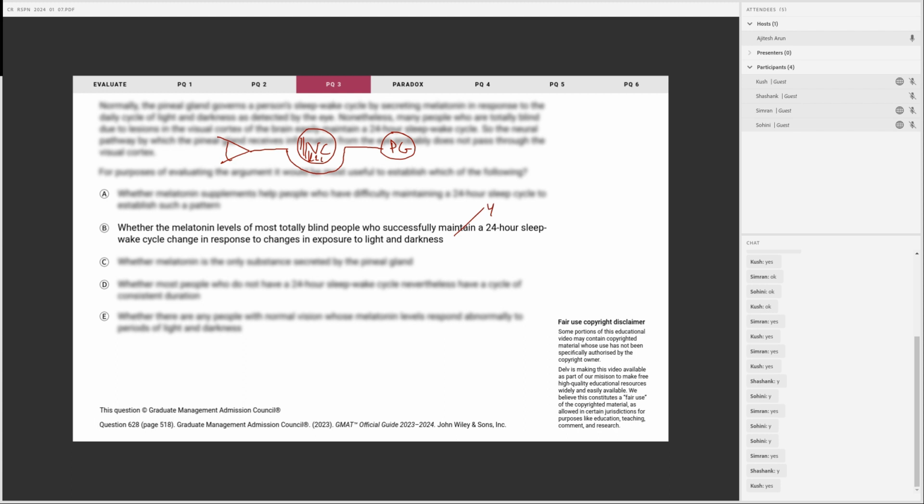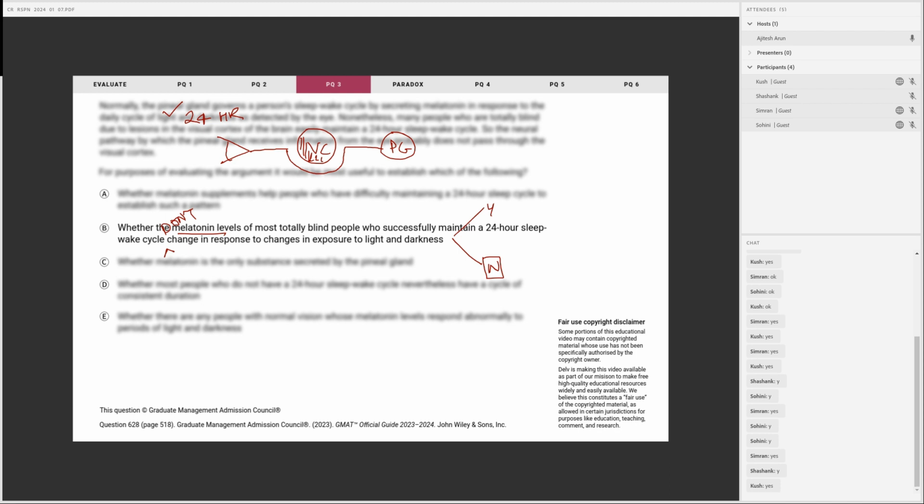Let's do a yes/no on this. If the answer is, let's start with no, the melatonin levels of most totally blind people who maintain, remember, who maintain a 24-hour sleep-wake cycle don't change. So if they are able to maintain, so let's write that 24-hour cycle, check, they are able to maintain it.